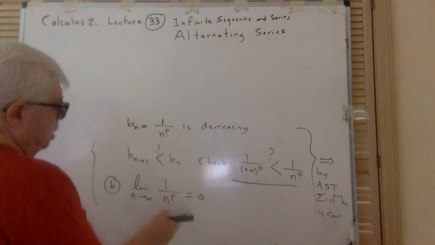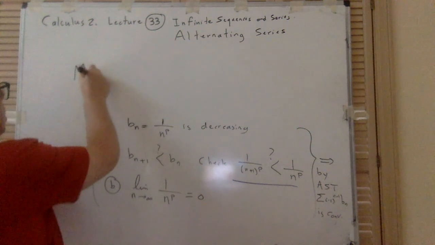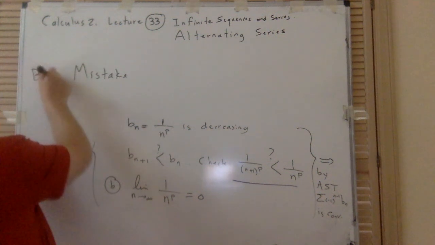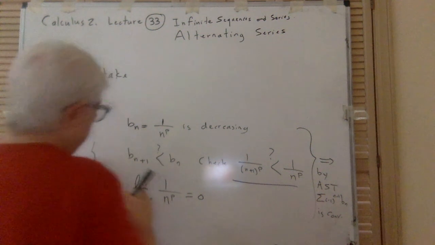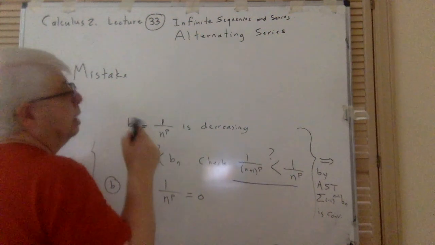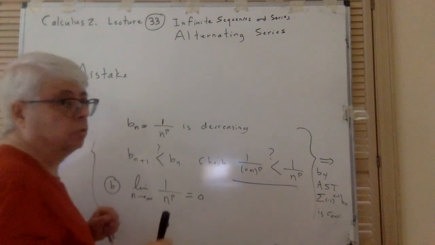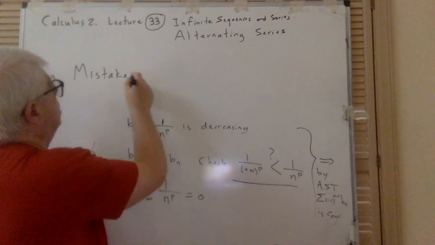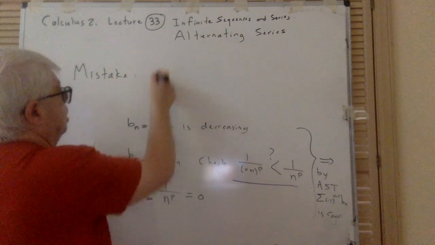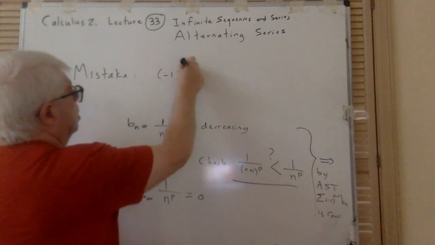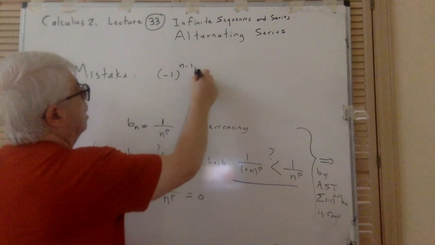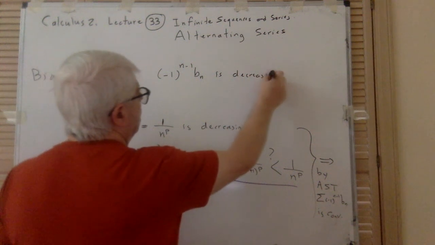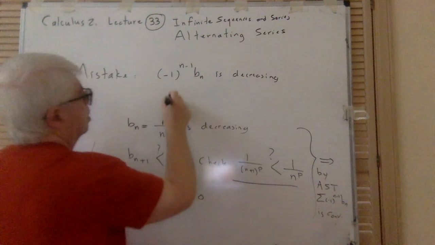When students make a big mistake, they keep that negative 1 to the power n minus 1. Don't drop... big mistake. So they keep that. They write something like this, and say it is decreasing. Wrong.